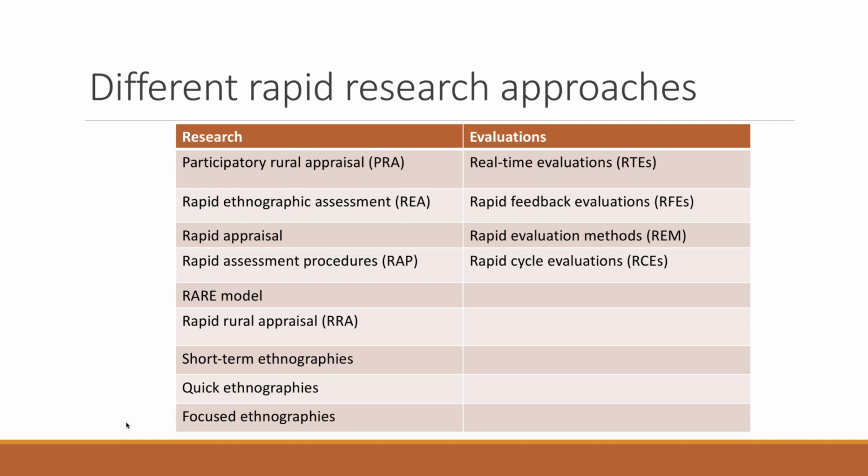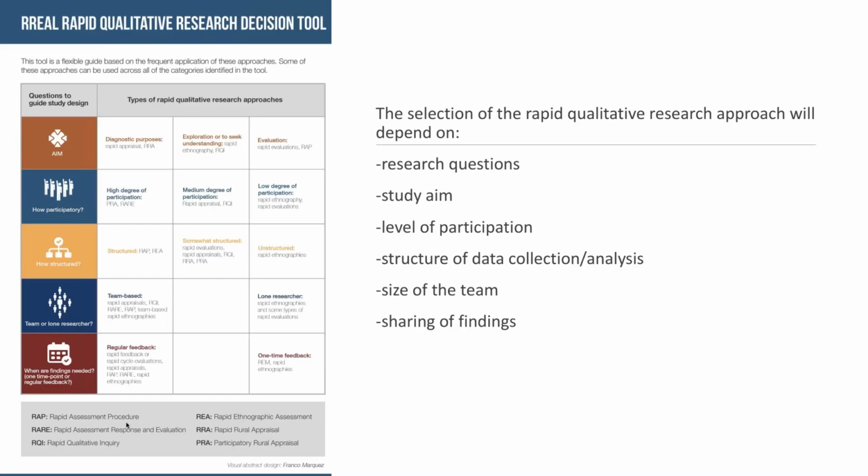But things to keep in mind here is that these different approaches also have different types of aims and some characteristics around design, and it's helpful to have a toolkit to some extent, where, depending on the nature of the study, so depending on your research questions or your aim or the level of participation that you want to integrate in the study design, the structure of your data collection or data analysis tools, the size of the team, or if you're aiming to do this as an individual researcher, or how you want to share findings, if you want to share them doing regular feedback loops or regular time points throughout the entire duration, or if you're aiming for more of a one-time sharing of findings, that you're able to then tease out what the differences of these approaches are and identify the one that's more suitable for these different variables.